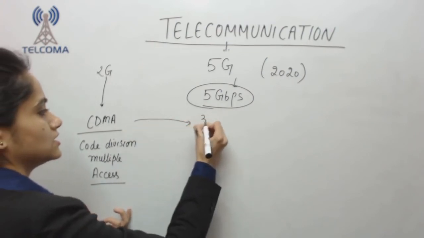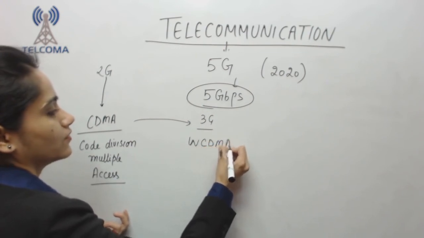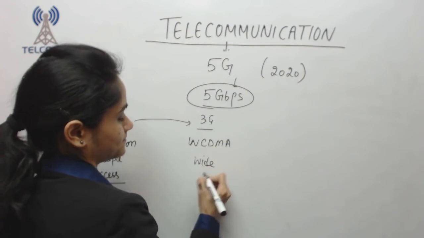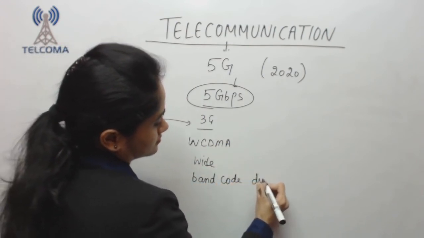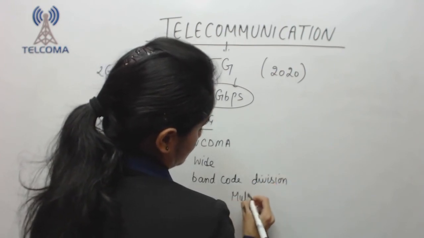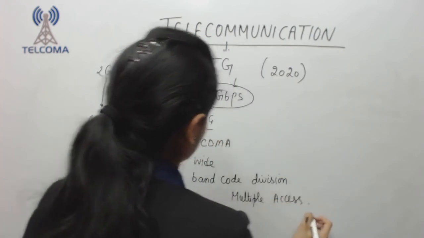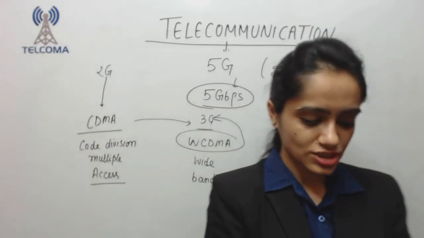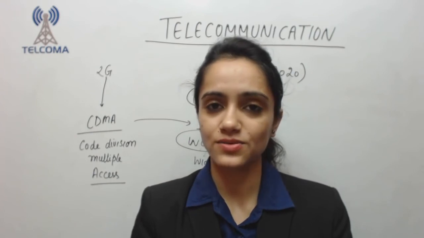After that, for 3G, we have WCDMA, which we call Wideband Code Division Multiple Access. That means we have used the concept of WCDMA in our 3G networks. So this is the introduction of the various telecom technologies. Thank you so much.